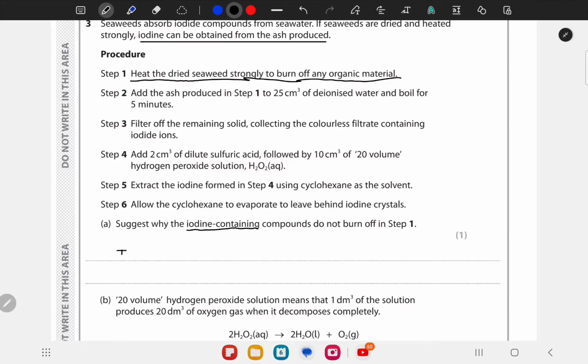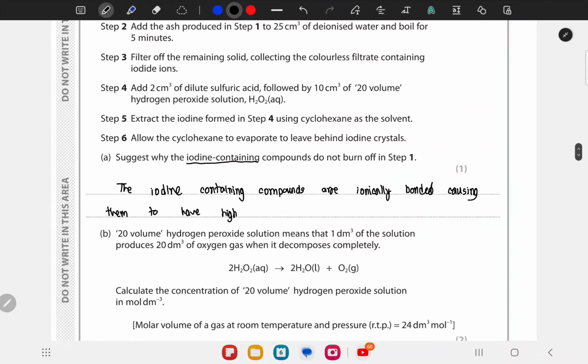So you can just say that the iodine containing compounds are ionically bonded, causing them to have high melting and boiling temperatures.